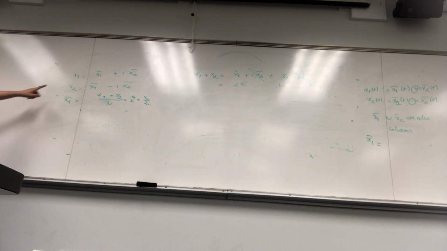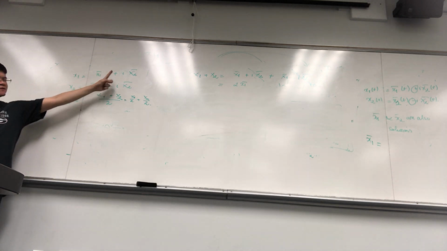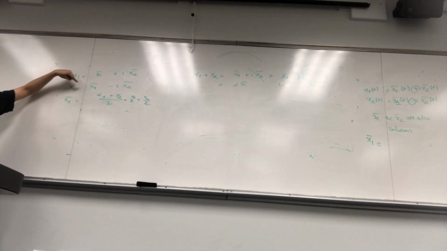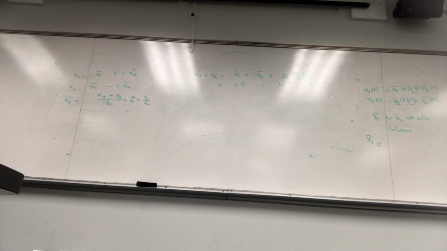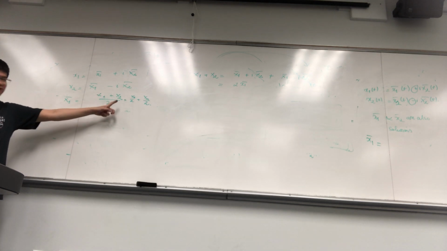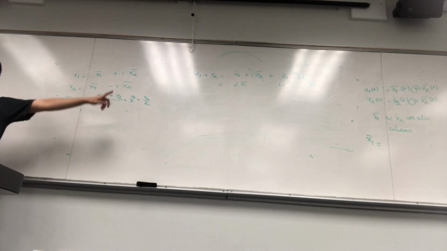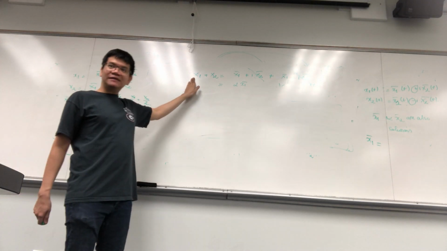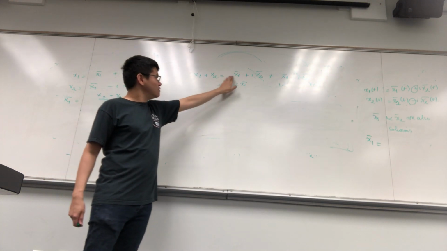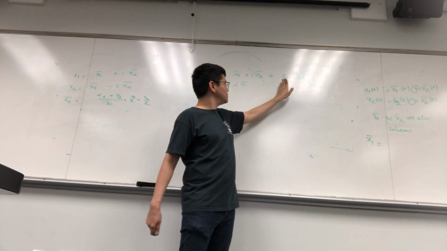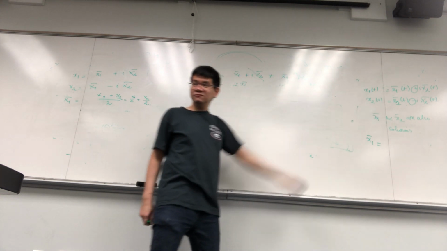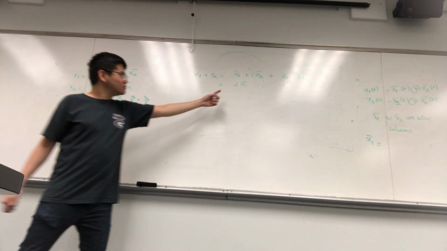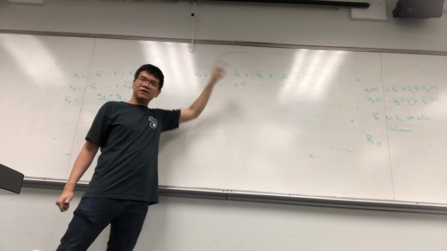Explain again. Now I have x1 is x1 bar plus i x2 bar, and x2 is x1 bar minus i x2 bar. I'm gonna say that x1 bar is half of the sum of x1 plus x2. Why? Because when you take the sum of x1 and x2, the i terms with opposite signs cancel out, so you are left with 2x1 bar.